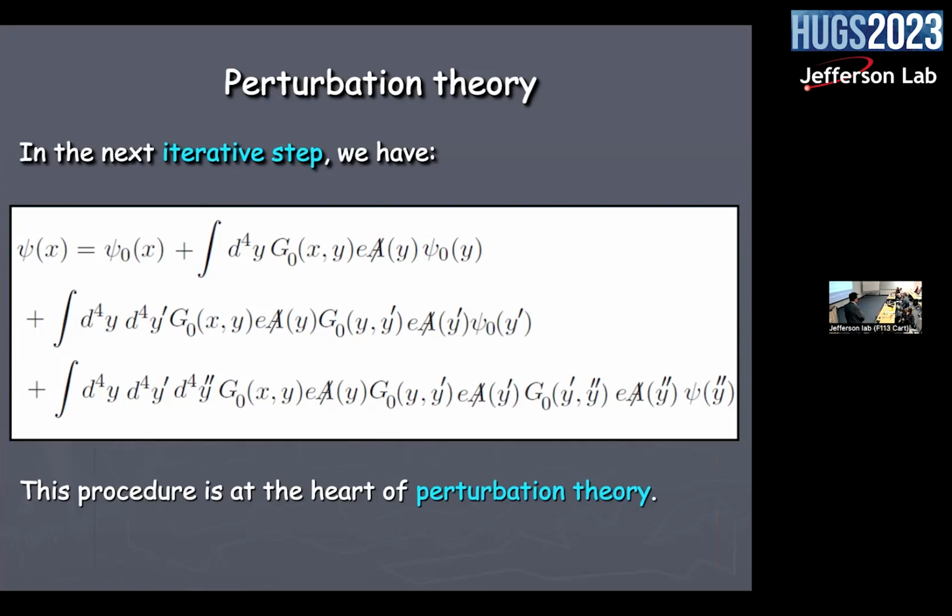So I can stop there, and go further only when my experiment is sufficiently smart to do a precise measurement. If I need to compare with experiment at higher precision, then I can do a higher order calculation and go closer. But that is at the heart of perturbation theory.